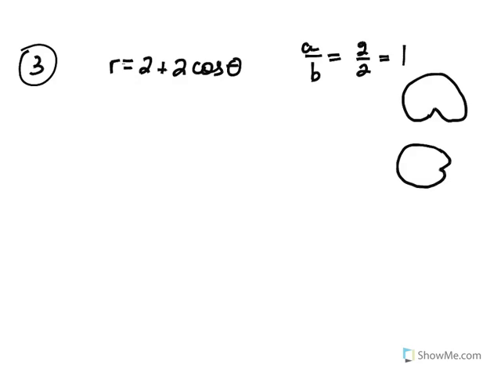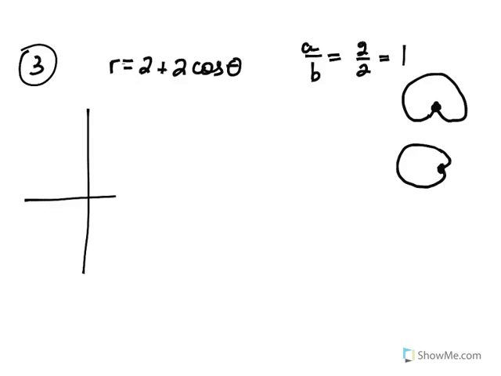And one more thing, see this point right here. It has to be at the origin. So this graph contains the origin as one of its points. That's what we're expecting to get, and that happens when your ratio equals 1.